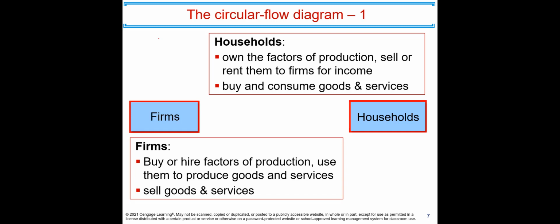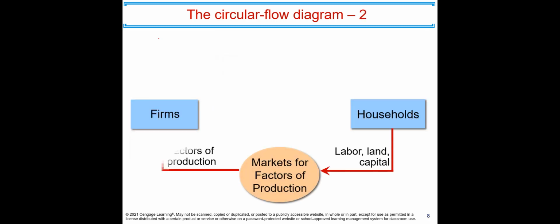So in the factors of production market, firms are buyers, households are suppliers, and firms use these factors to produce goods and services. In the goods market, firms are sellers of goods and services, and households are buyers. So we have two markets.